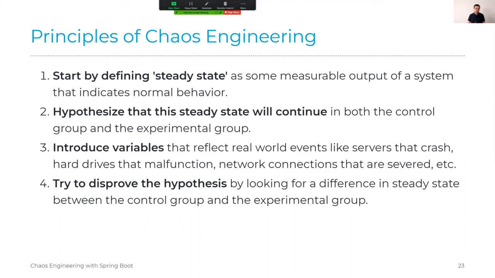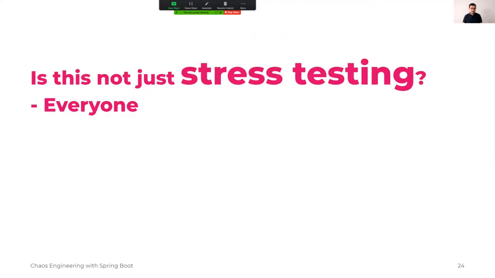So that means we're trying to find out, or we try to prove, that the application will still work in a normal behavior. So without making these experiments and defining them in a proper way, and just running around and pulling some cables out of the servers, that's probably not a good idea, right?